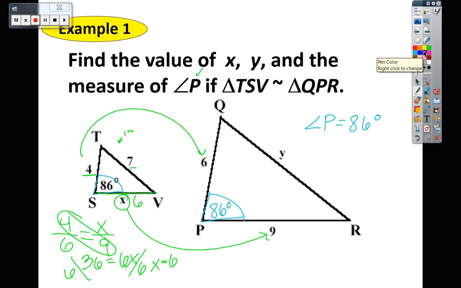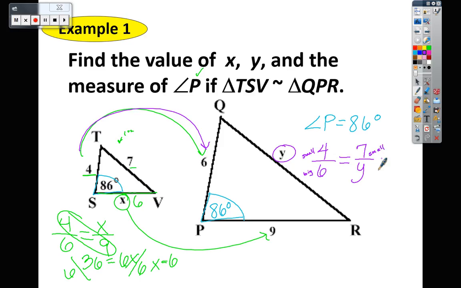And we will try the other one to figure out our value of y. So let's still use this 4. 6 over 4 and 7 over y. You have to follow the same pattern. If you go small to big, you must follow the same pattern of small to big. Now we cross multiply.